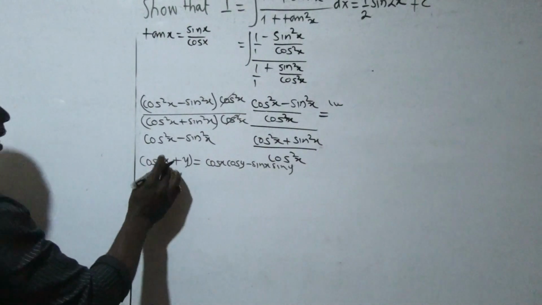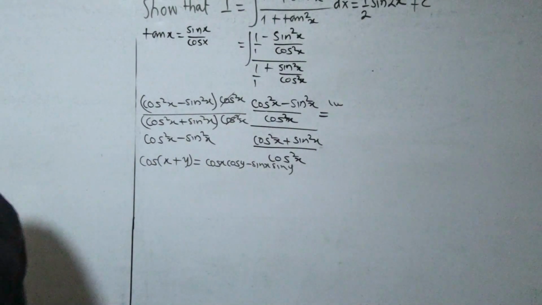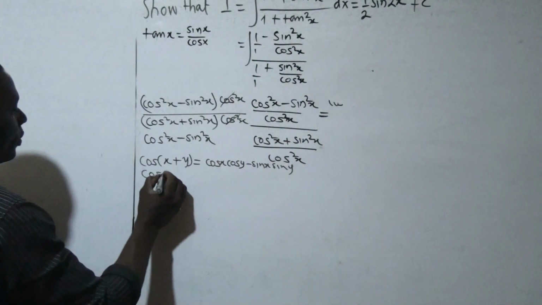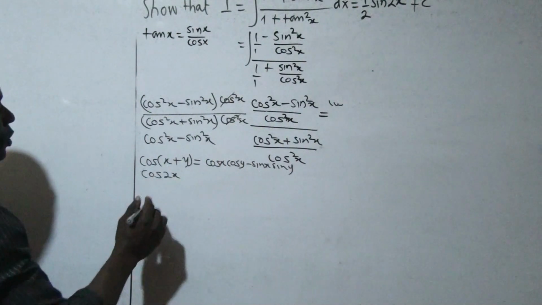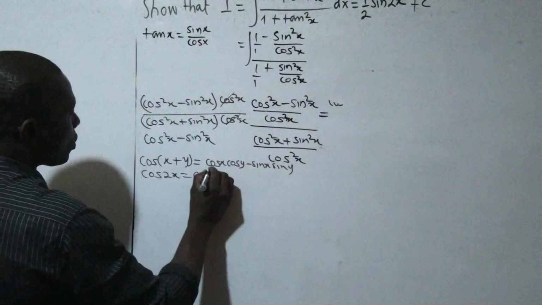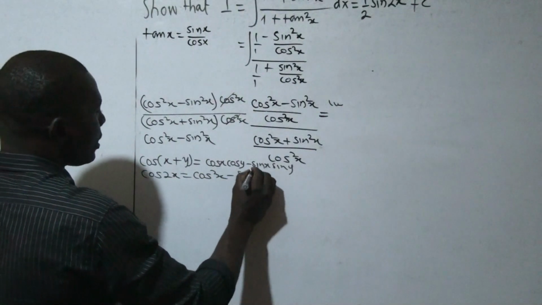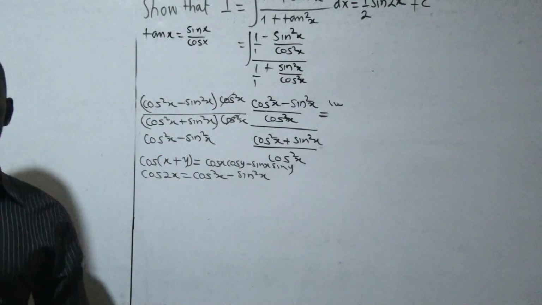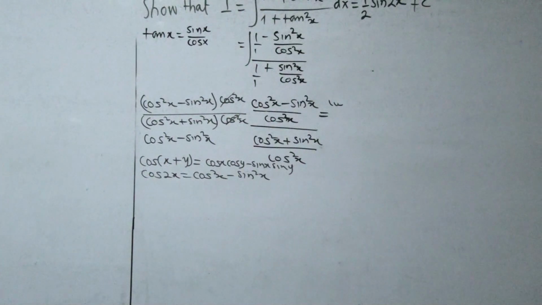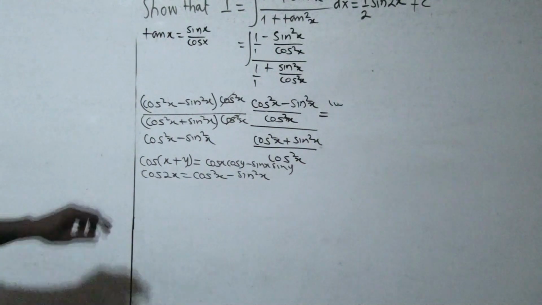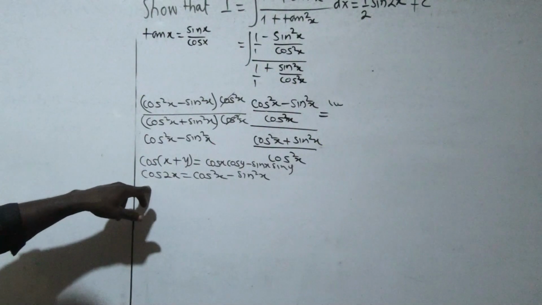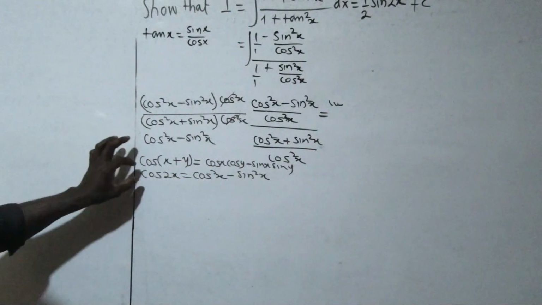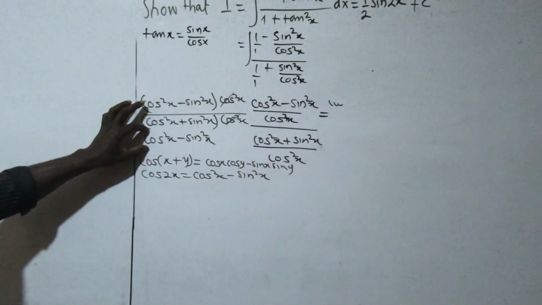But if we say x is equal to y, that means equal angles, this becomes cos 2x, since x plus x is 2x, equal to cos square x minus sine square x. So cos square x minus sine square x is the same thing as cos 2x.